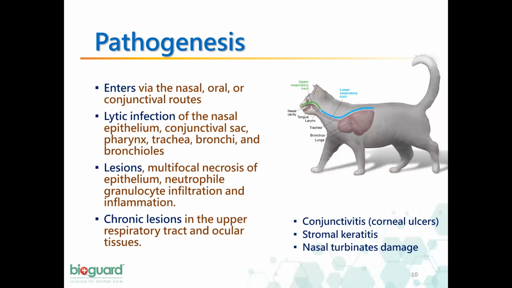The main effects of these lytic infections can be seen as lesions where multifocal necrosis of the epithelium layer will be there. And also with granulocyte infiltration, of course, inflammation and redness of the area would also be seen. When these lesions increase, they can lead to chronic lesions in the upper respiratory tract and also in the ocular tissues.